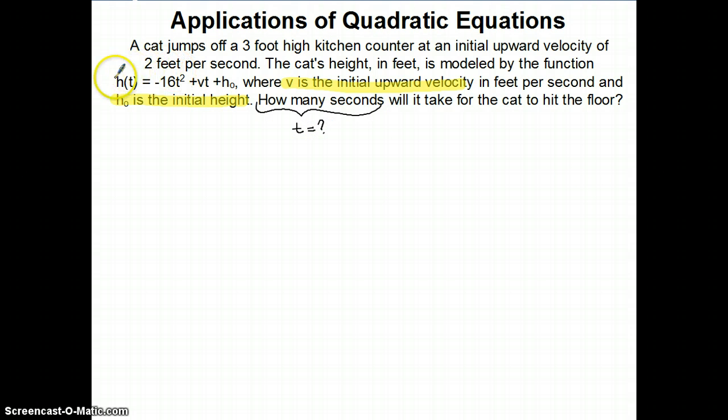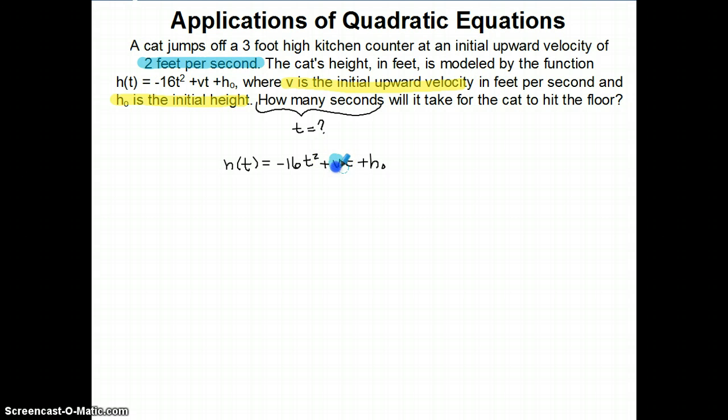So if this is my equation, I have h of t equals negative 16t squared plus vt plus h sub 0. I know that v is the initial upward velocity, and looking back in our word problem, it tells us that the initial upward velocity is 2 feet per second.